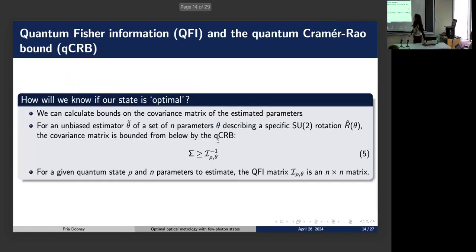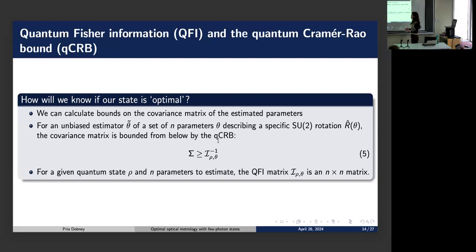Okay, I have to give a quick interlude about a metric that we commonly use to determine whether our state is optimal and what we mean by that. We use a quantity called the quantum Fisher information to quantify this. Again, I don't have a lot of time to go through absolutely everything, but basically, if we know the quantum Fisher information, we can calculate a bound on the covariance between all the parameters we're trying to estimate.